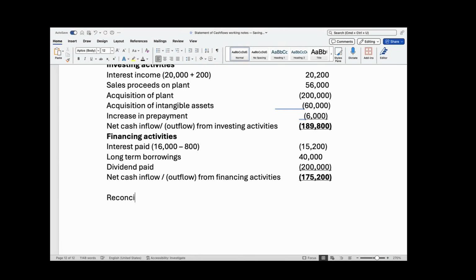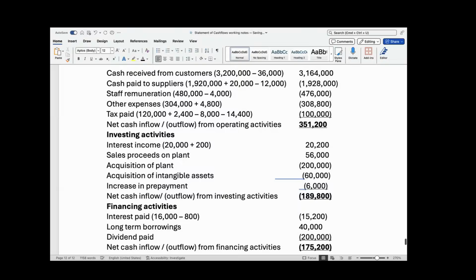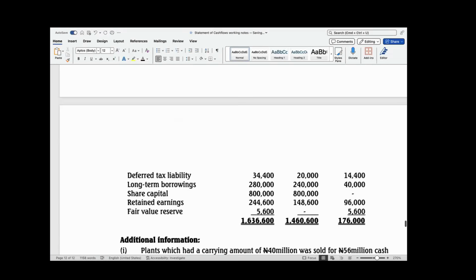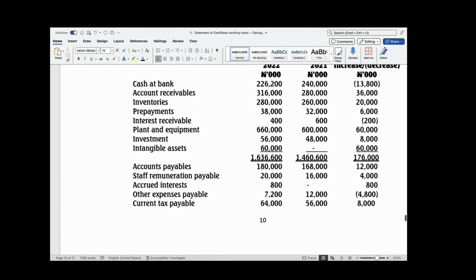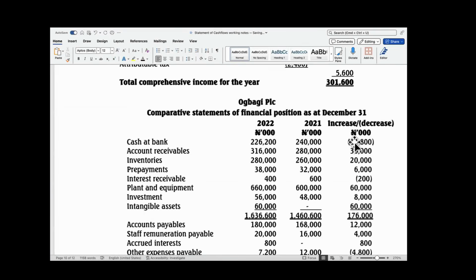So let me do my reconciliation of cash and cash equivalents. So opening cash and cash equivalents, how much is it? Opening of 240.